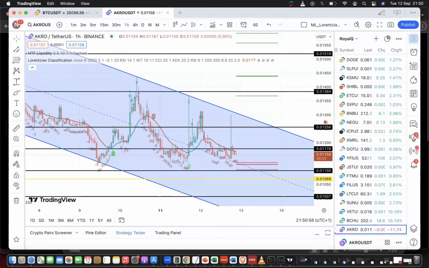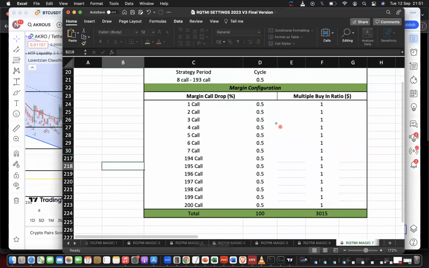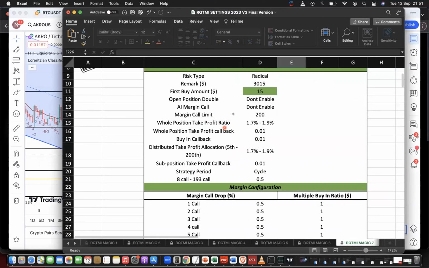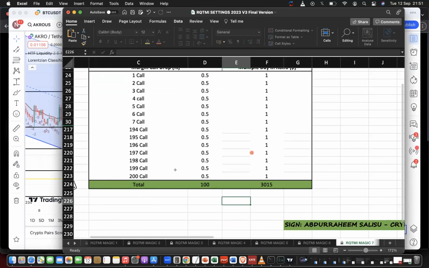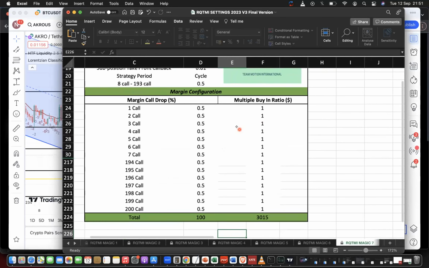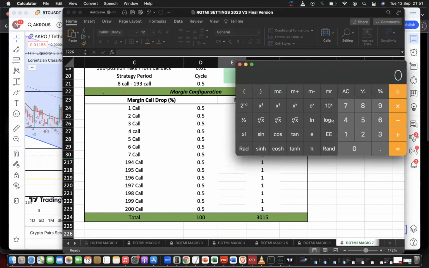Let me show you an example of what I mean. I'm on method 7. First buying amount is $15, and the multiple buy ratio is 111 over 200 margin calls. That means $15 in 200 places, which, like we calculated earlier, gives you $3,000.